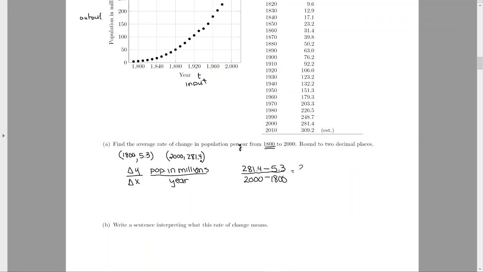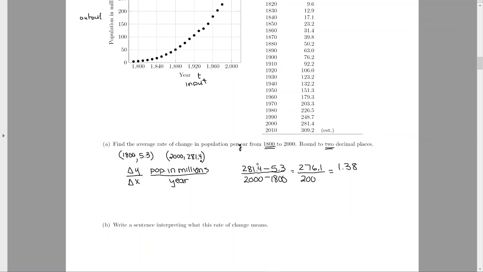So I have 276.1 over 200. Do the division, and it comes up about, and they want me to round to 2 decimal places. So 1.38, use rules of rounding if necessary.